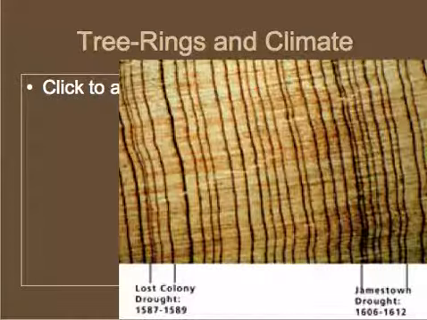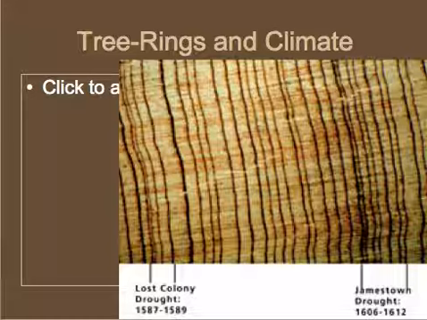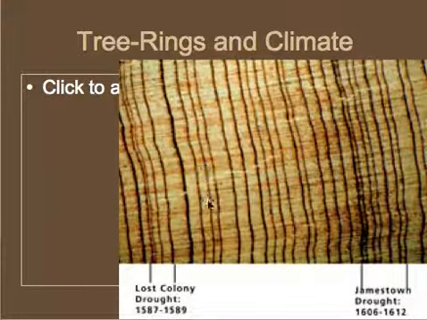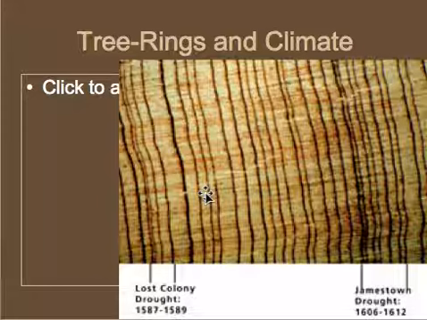We also briefly mentioned tree rings, right? Tree rings, again, are great because if you have a sequence, you can date the tree to a specific year. But then the rings themselves can tell you whether it was a wet or dry year.